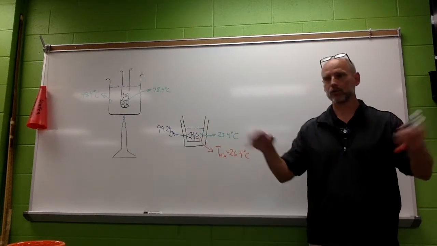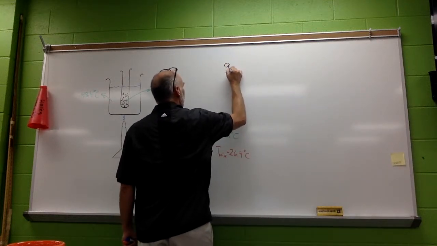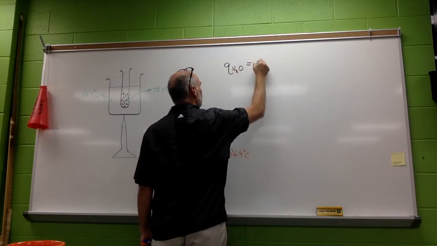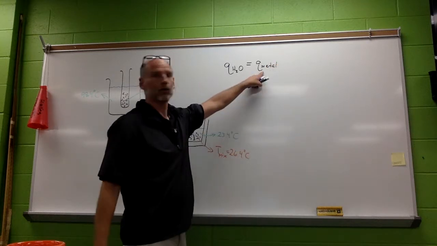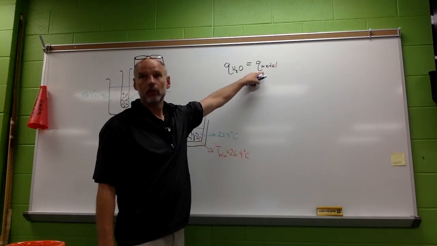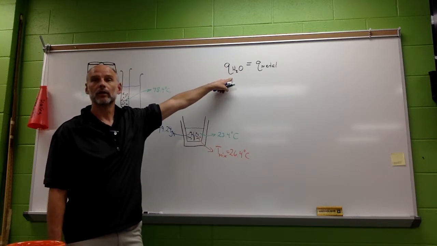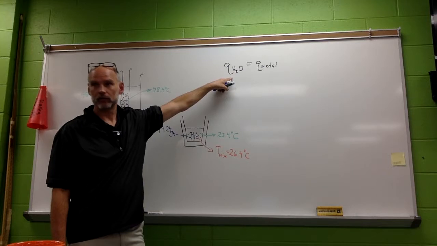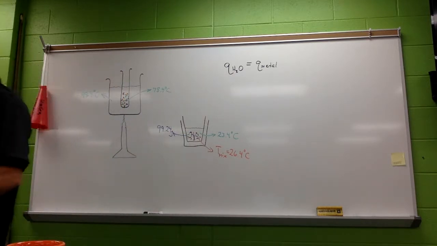And here's the key to the whole set of calculations that we're going to do. The amount of energy that the metal loses should be equivalent to the amount of energy that the water gains. Does that make sense? If we get that transferred over quickly enough.